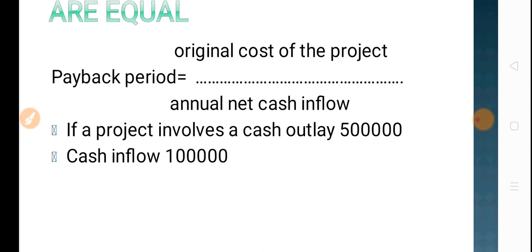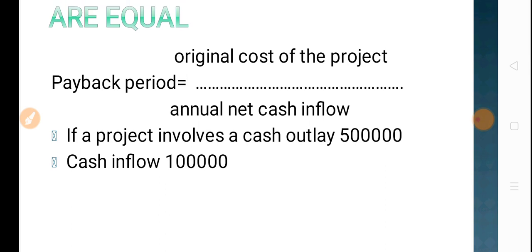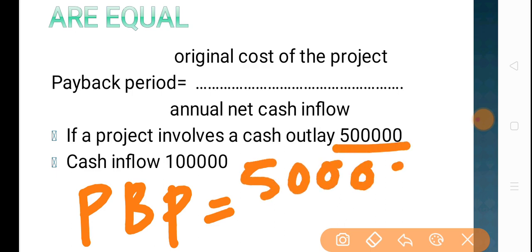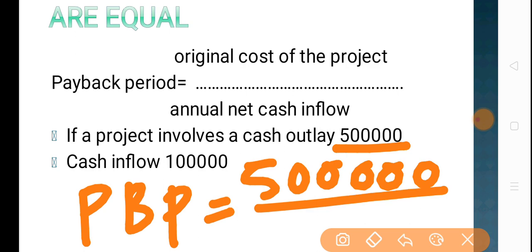Here there is a question for you. If a project investment is 5 lakh, the cash inflows are 1 lakh. Then we can apply the equation. Payback period is equal to original cost of the project, here 5 lakh, divided by the cash inflow 1 lakh.